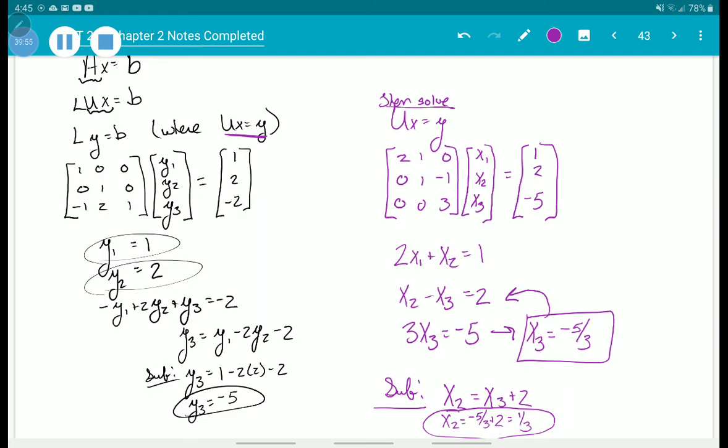Now we've got to find x1. And that's going to come from here. So we're going to do a substitution. So x1 is going to be equal to 1 minus x2, divided by 2. X2 is 1/3.